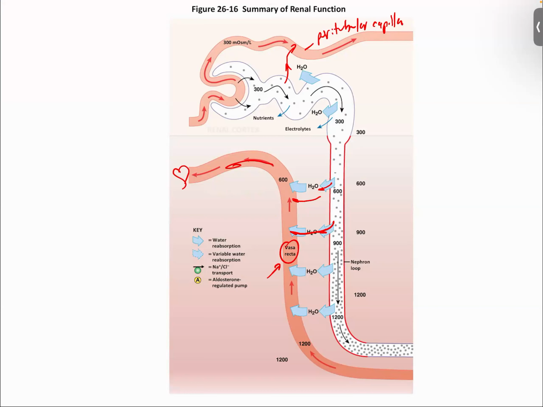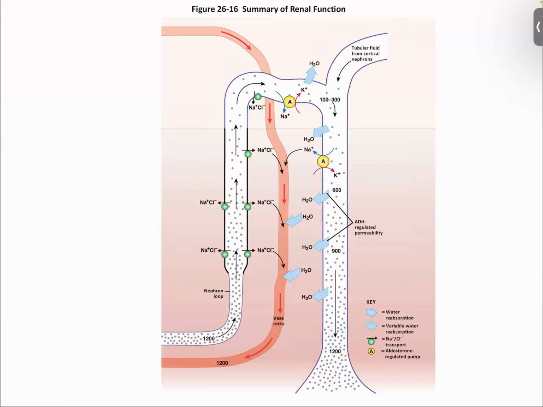So this is the descending side of it. This is the ascending side of it. So you can see the paratubular capillary comes down and crosses over the DCT. So it picks up stuff from the DCT, and then it turns into what we refer to as the vasa recta. So basically it jumps down and then wraps around the bottom side of the loop.